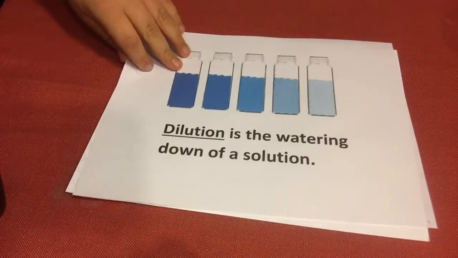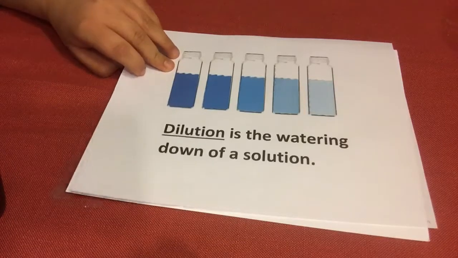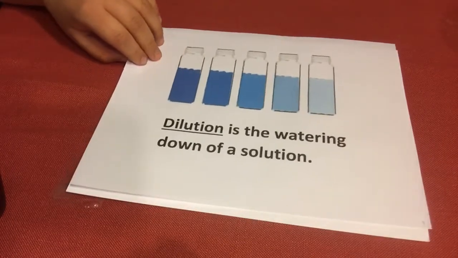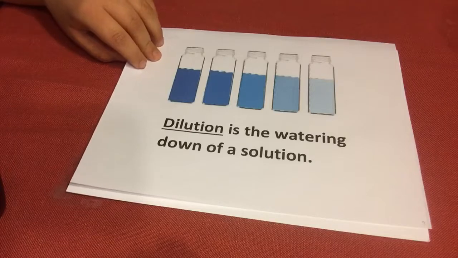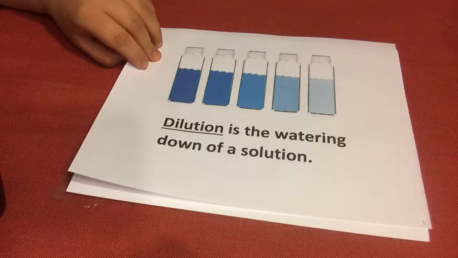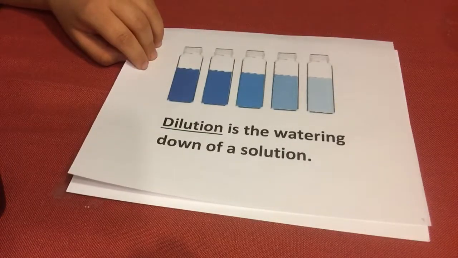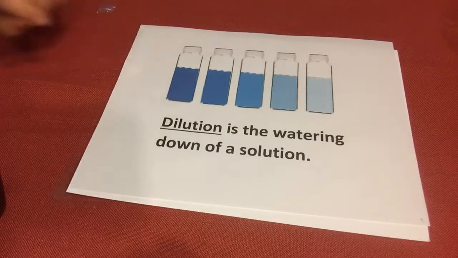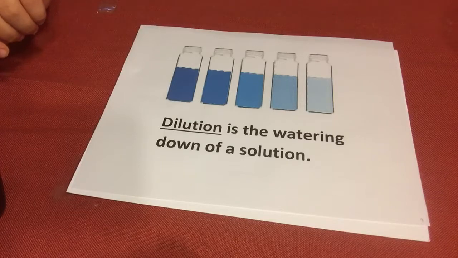For example, a salt solution, also known as salt water, can start with a molarity of 1 M, or 1 mole of salt in 1 liter of solution. But if we add another liter of water to the solution, we can dilute the solution by a factor of 2.